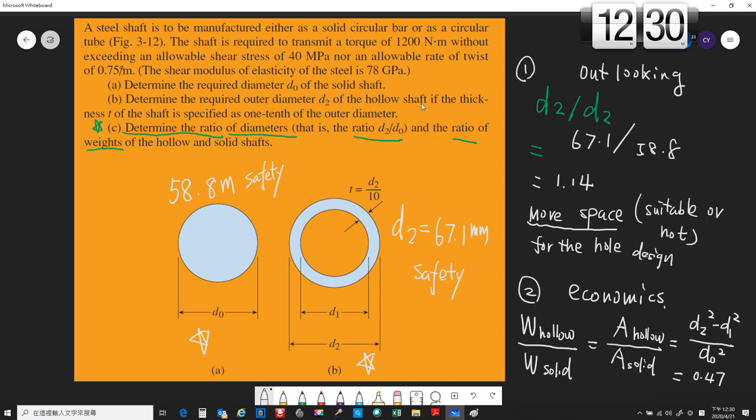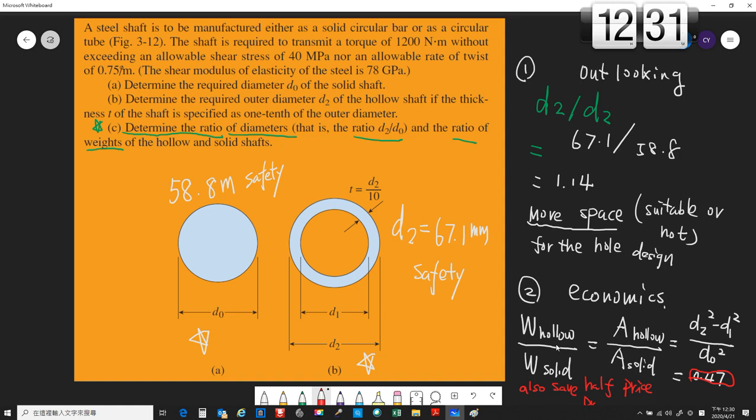Interesting. What is the meaning? The meaning of 0.47: almost half the price. Why? When you do a hollow design, you only use almost 50% of the material.